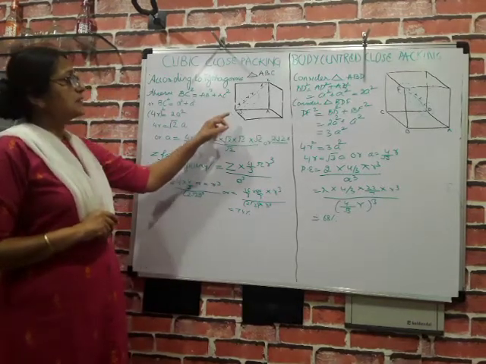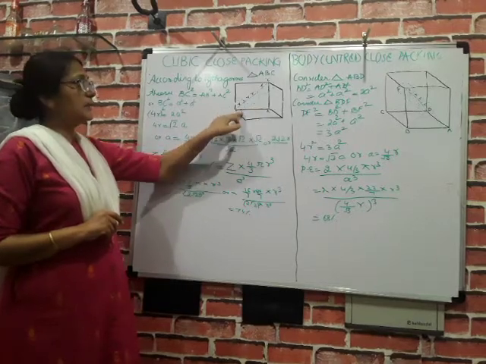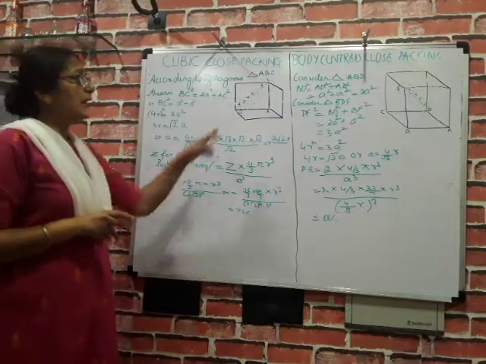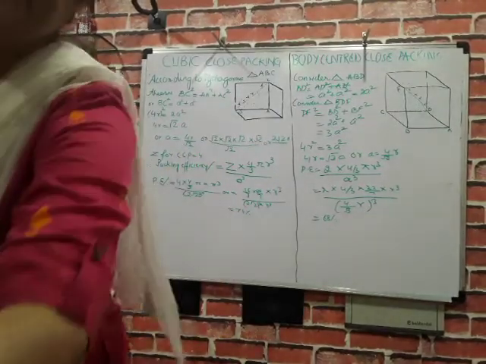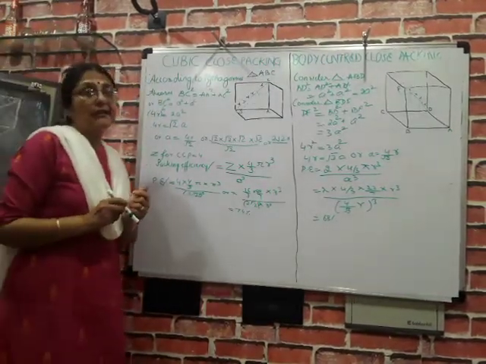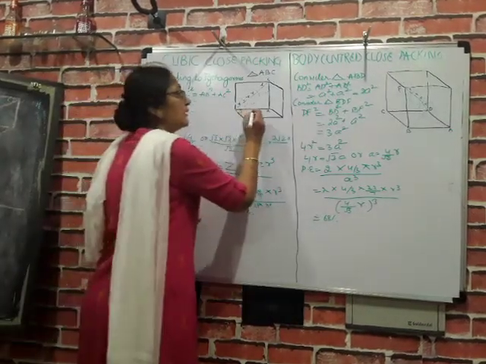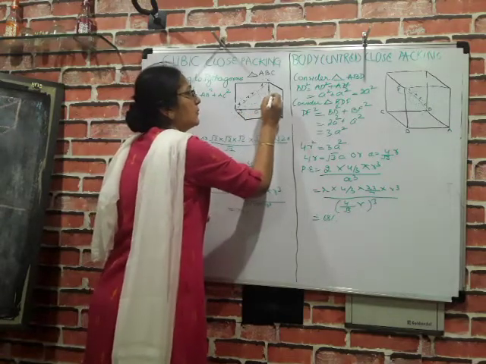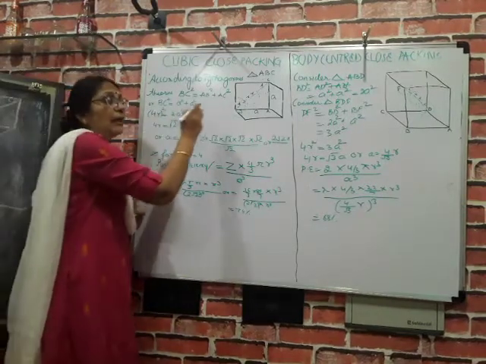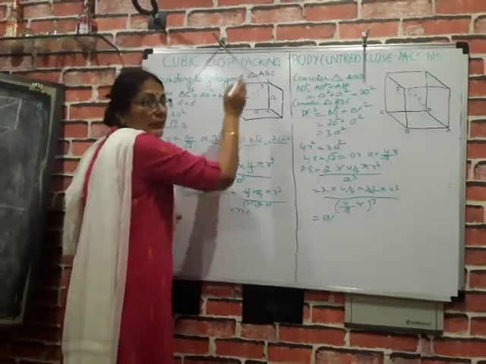Here, you can see we can assume triangle A, B, C. This is your front view. Now, A and B are edge lengths, and we assume that the edge length of the cube is A. And the constituent particles present here are lying on the face diagonal.